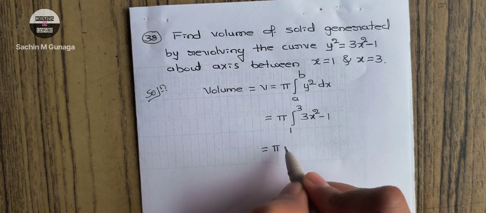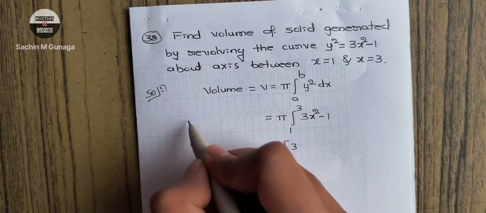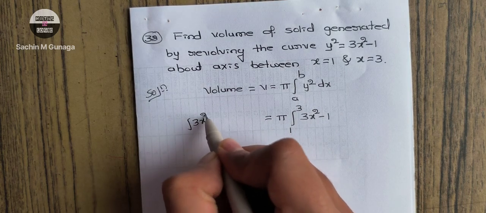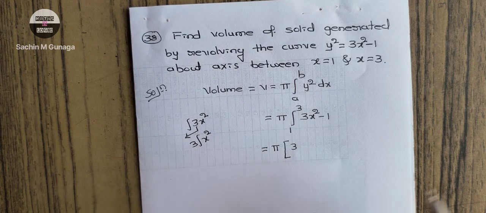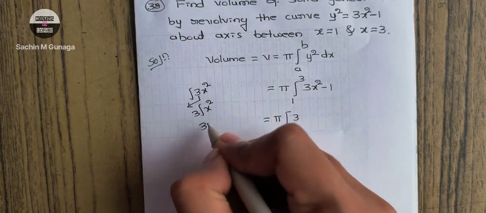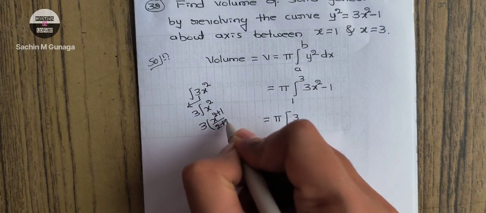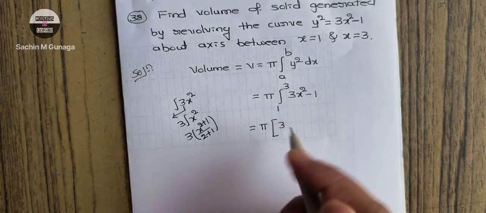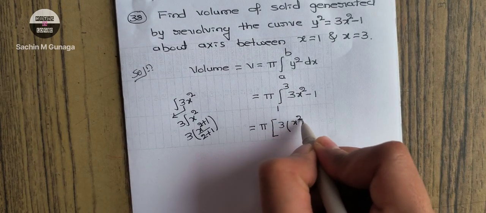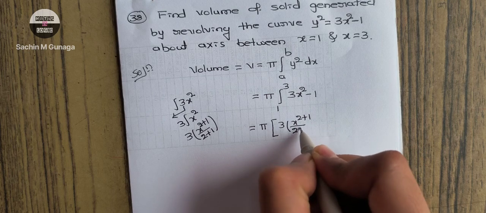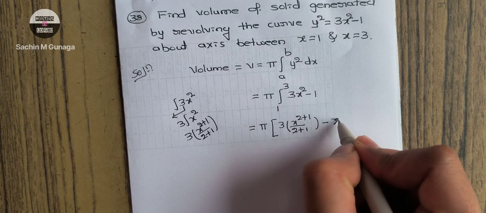So pi I am going to keep as it is, in bracket, 3 constant here. Integration of 3x square is there. We need to take this 3 outside. Integration of x square, so 3 into x square integration is x raised to 2 plus 1 divided by 2 plus 1. X square integration is x to the power 2 plus 1 divided by 2 plus 1, minus 1 integration is x.